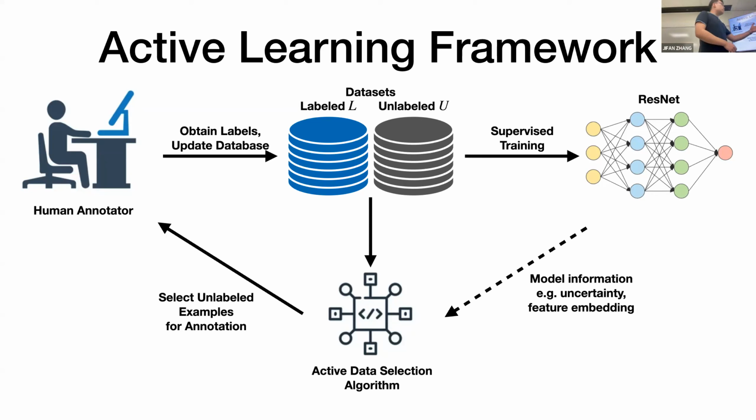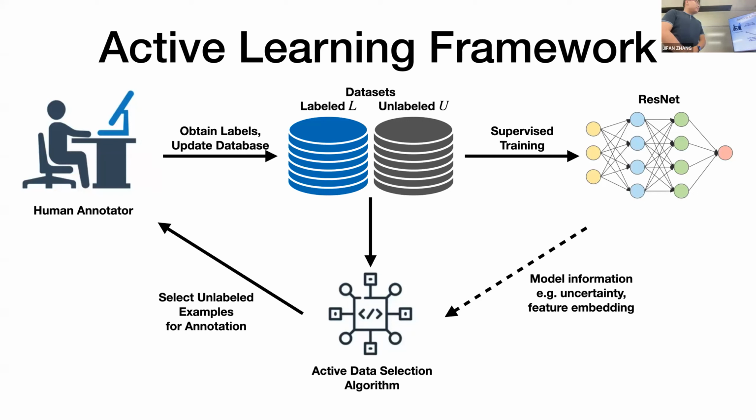It also provides some information, like the model's uncertainty towards some examples or some feature embedding. So it helps the active learning algorithm make decisions on what to label next. But it is not necessary. The active learning algorithm can also use other heuristics that don't involve a neural network. It can also train an additional neural network as part of the algorithm. That's why the arrow is dotted.